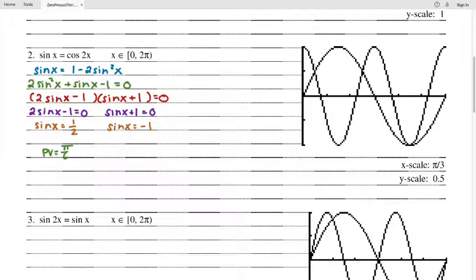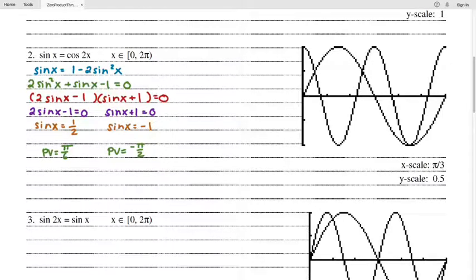And then the angle whose sine is -1, that is negative pi over 2. Remember, we're sticking with the range of inverse sine, which is negative pi over 2 to pi over 2. So at negative pi over 2, our sine value is -1.